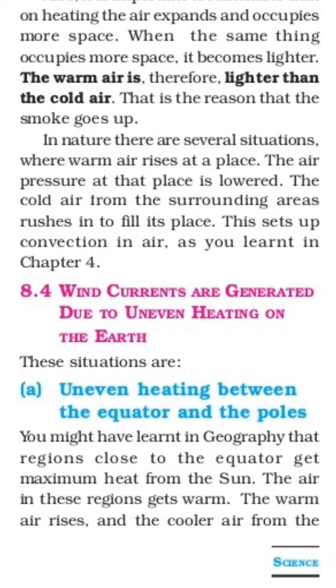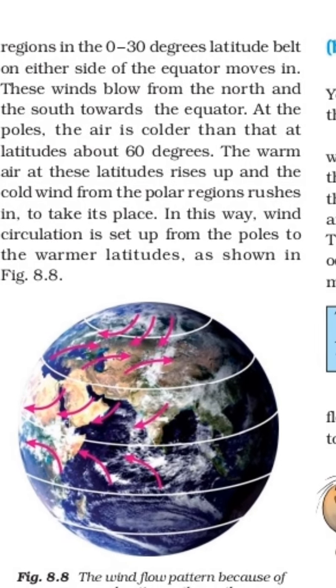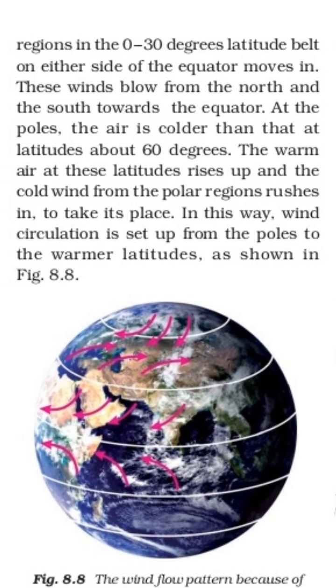The warm air rises up, and the cooler air from the regions in the 0 to 30 degrees latitude belt on either side of the equator moves in.